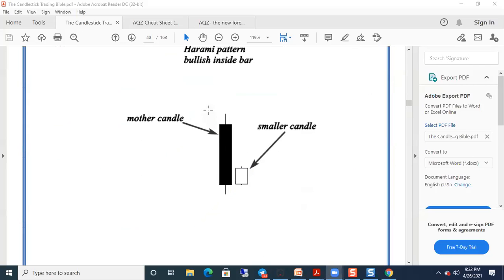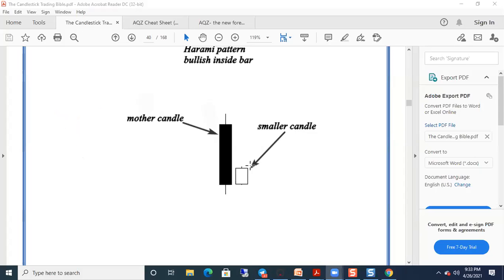So an inside bar is like the flip side of an engulfing. For an engulfing, you have the larger candle to the right. But for an inside bar, you have the smaller candle to the right. So this will be a bearish engulfing, but this is an inside bar.